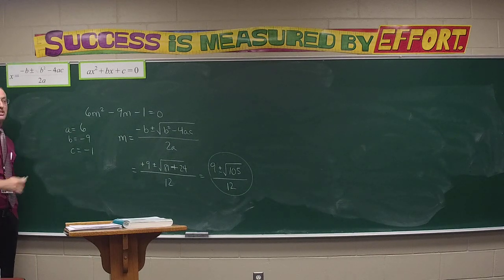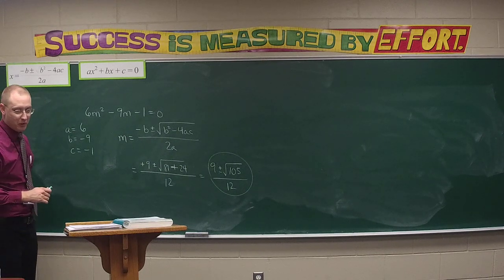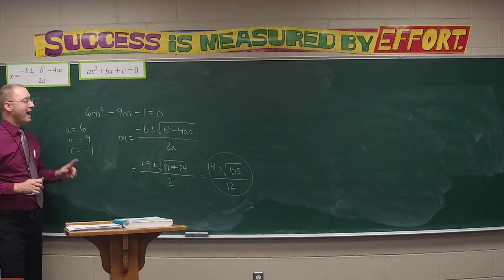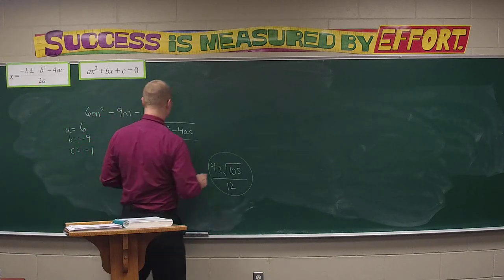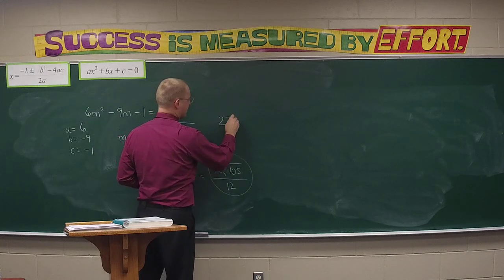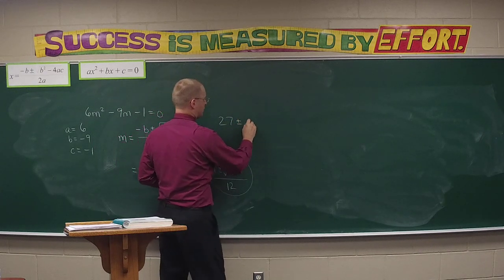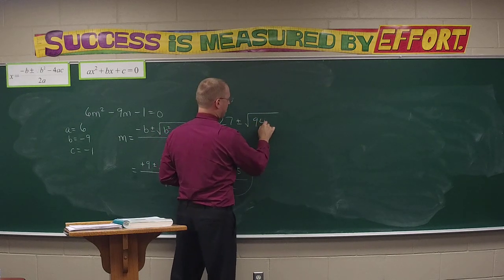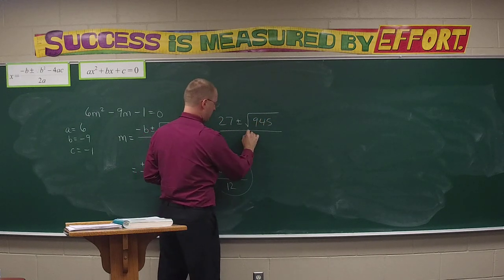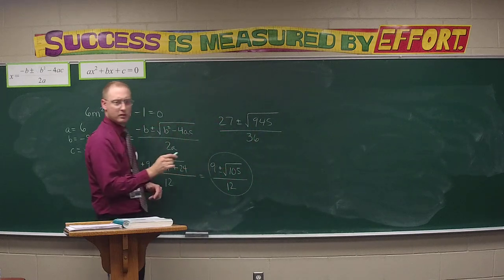How many got these answers for number 36? All right, how many had a 3 in everything? And so you had 27 plus or minus the square root of, let's see, that would be, goodness, 945 all over 36 perhaps? Anyone have that?